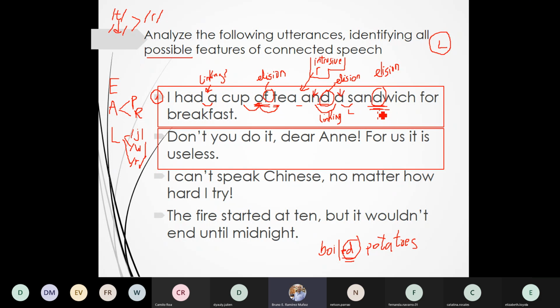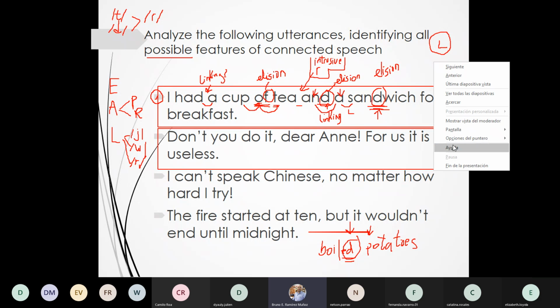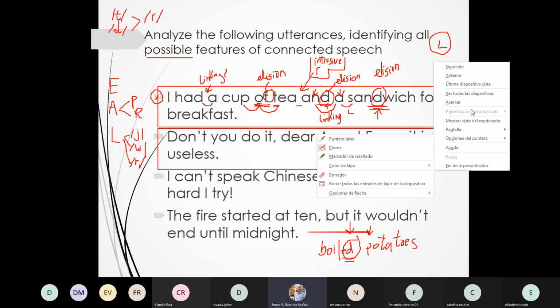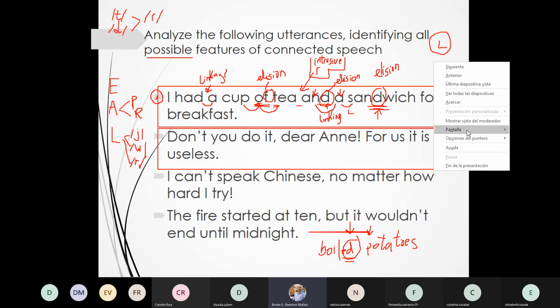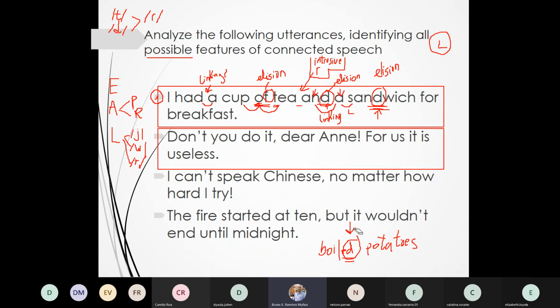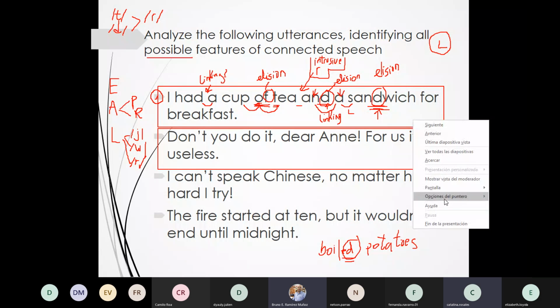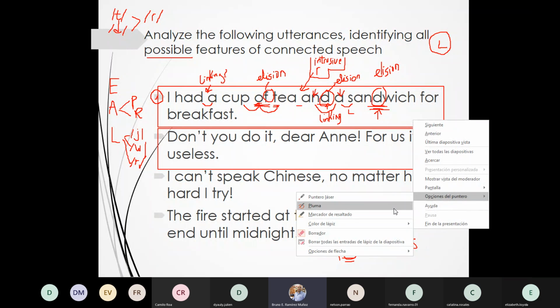Within a word, as in sandwich, the end of a word, as in and, and between two words in the boundary, in the first element, right, before starting the second word. I don't know if it's clear or if it's not clear. Yeah, it's clear, teacher. Thank you. All right, no problem, anytime.